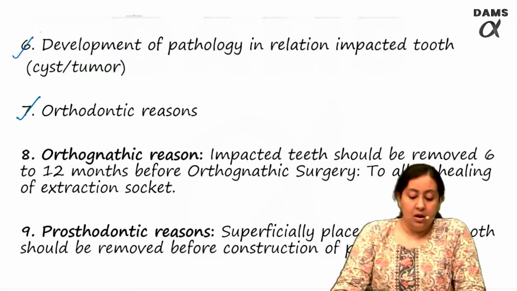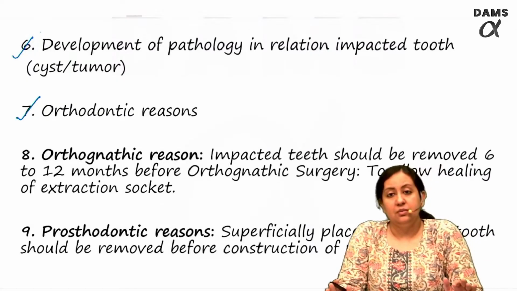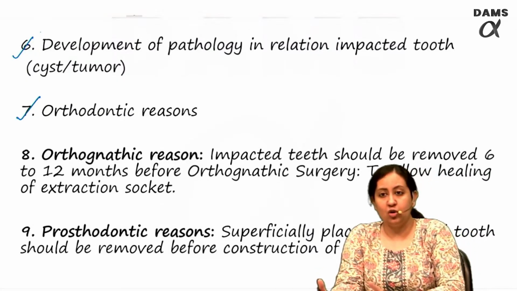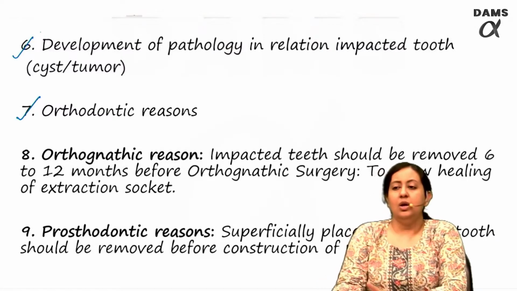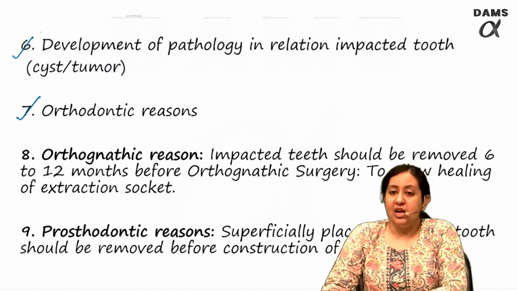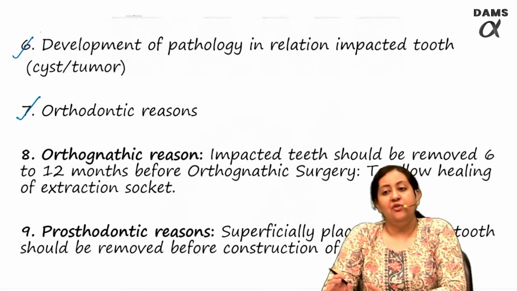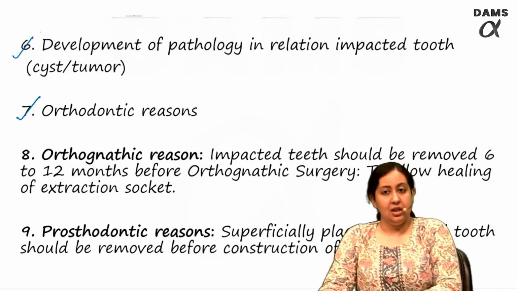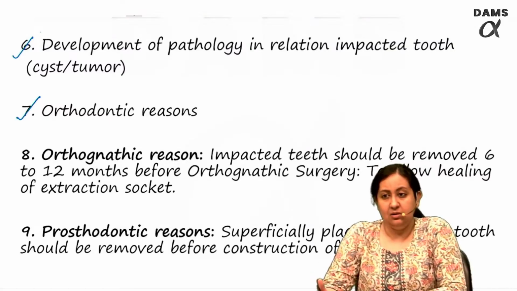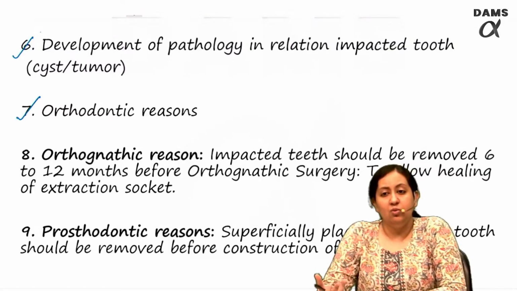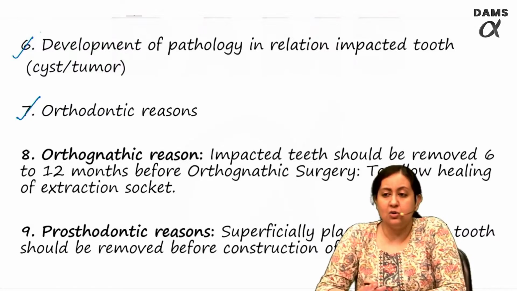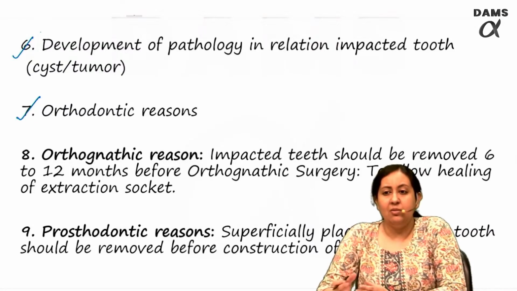The next reason is orthognathic reason. If a patient is planned for orthognathic surgery and you feel that your impacted tooth will fall in the line of osteotomy, either in the mandible or in the maxilla, then you have to remove your impacted tooth 6 to 12 months prior to surgery. Why this time gap? So that you can allow for healing.